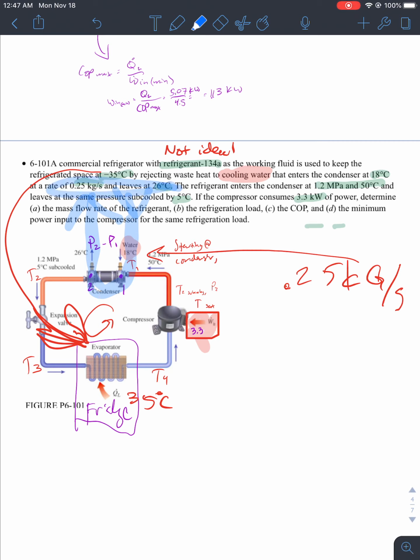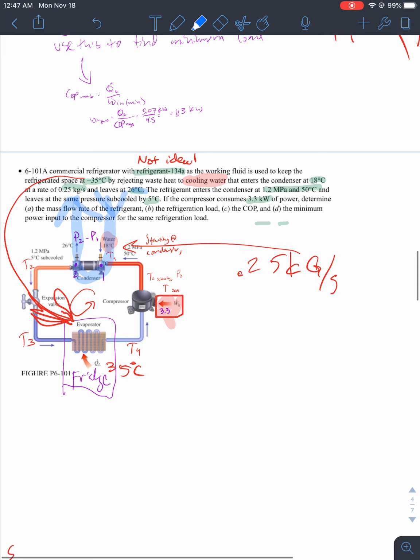Next piece of information. Just write all this stuff down. You could do that. Just work backwards. I don't want to waste time. This part of the process is basic, and hopefully it is basic.